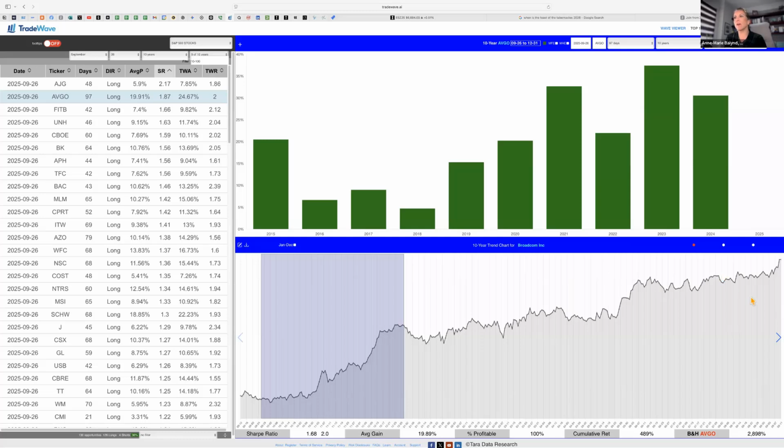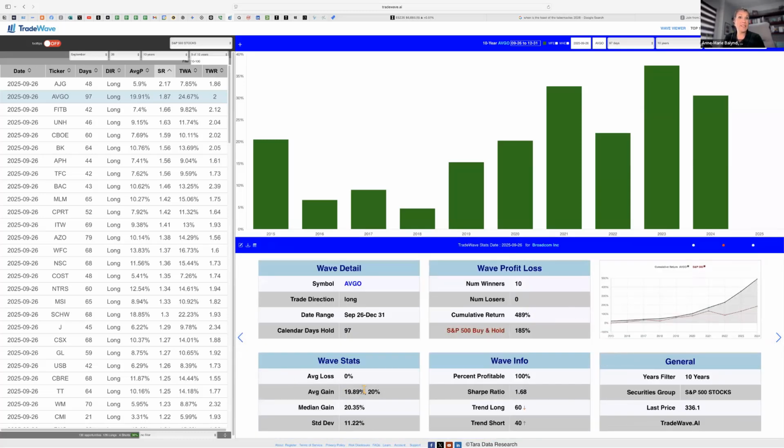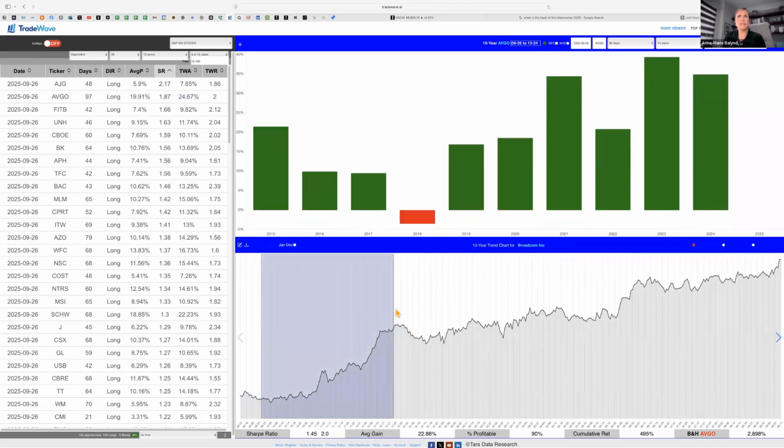We can see that our average gain is 19% between September 26th and December 31st. I'm actually going to use the December expiration date, about the 16th or so.